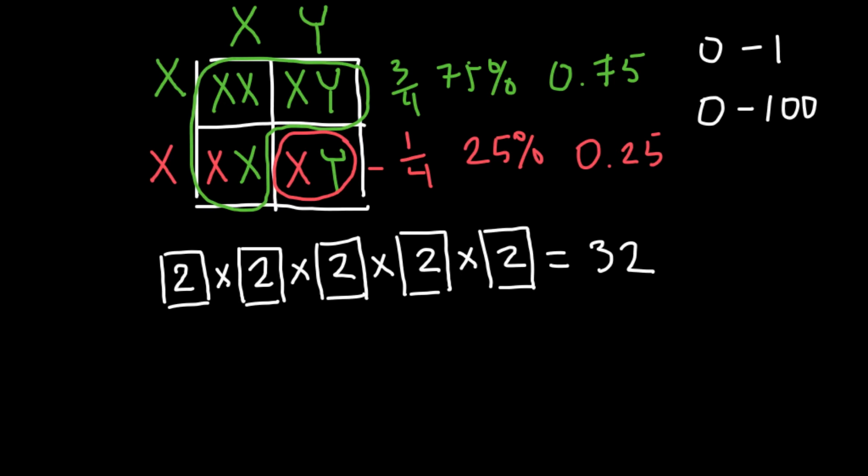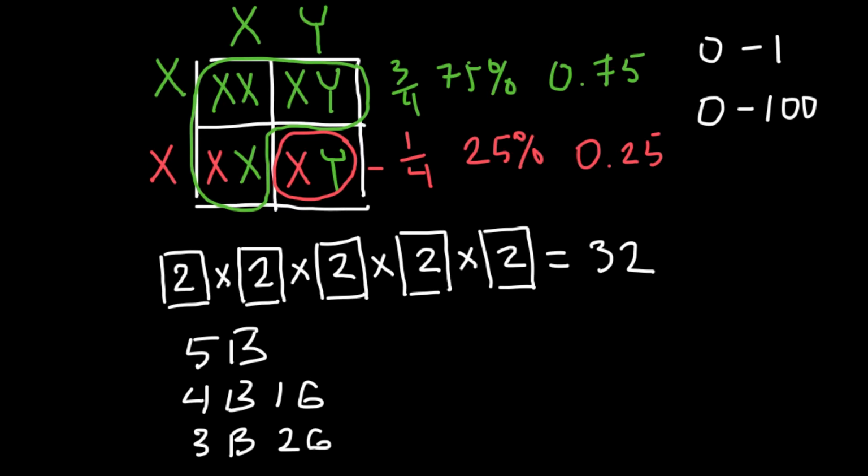And let's now list all the possible combinations. The first one would be when a family would have all 5 children boys. So 5 boys. This would be the first type of combination. The second type of combination would be 4 boys and 1 girl. The third variant would be to have 3 boys and 2 girls.